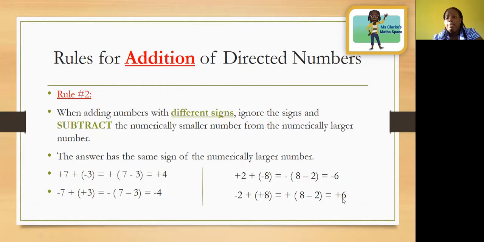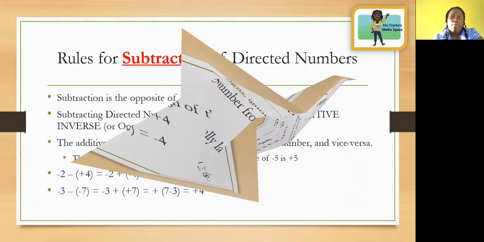So our answer would be positive 6. So moving on. If there are any questions, please ask. Take time to pause, respond, let me know, and I will try to clarify anything that I can for you. Okay?